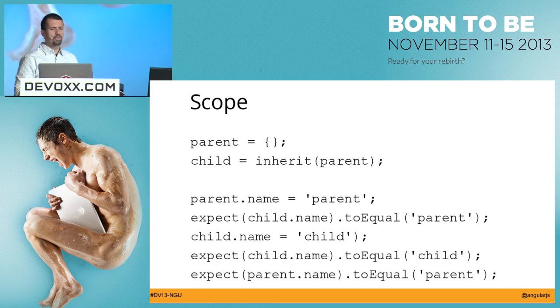So when you have a parent scope, you should also be able to provide child scopes, and child scopes have interesting properties. First of all, when I write the name property into the parent, but read it from the child, the child can see everything that the parent sees.